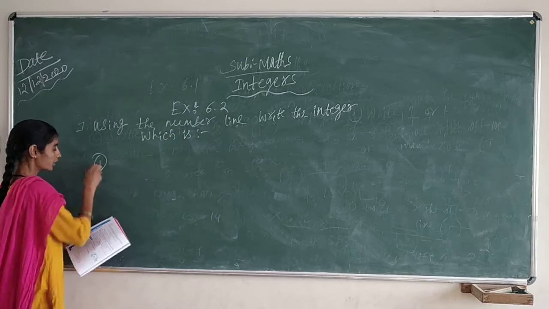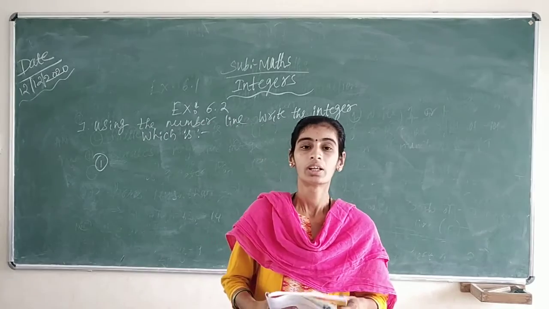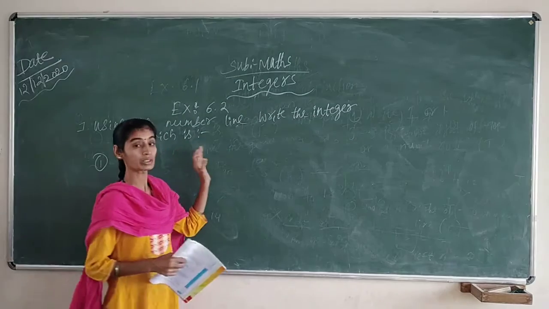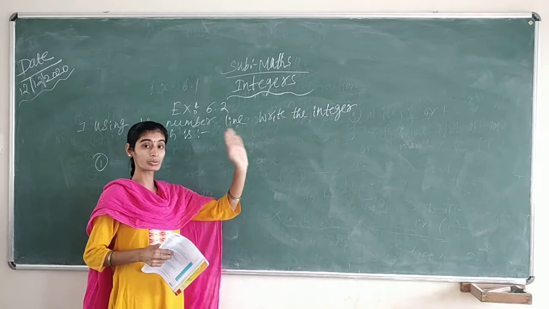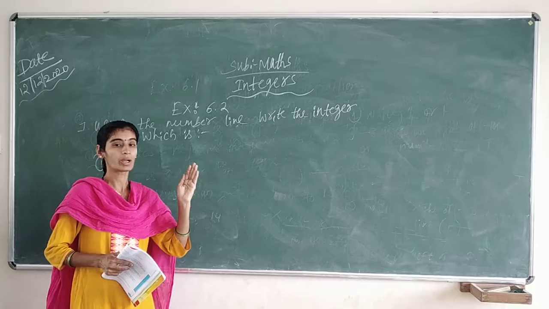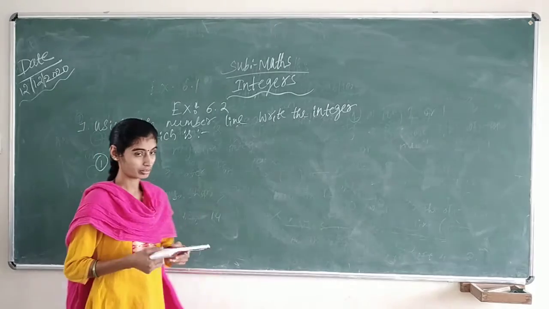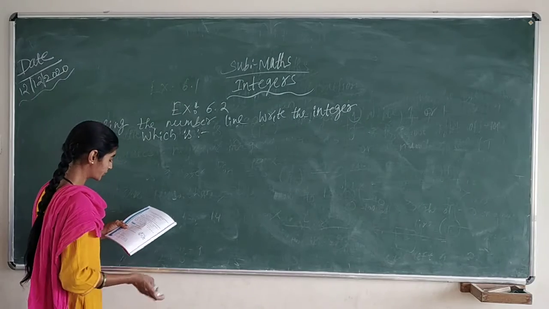So first question, and to draw a number line, I have given you the hint. If it is more, then you have to do the addition and you have to move to the right side. If the word in the question is less, then you have to do the subtraction and you have to move to the left side. Okay, use that concept and you have to do it.